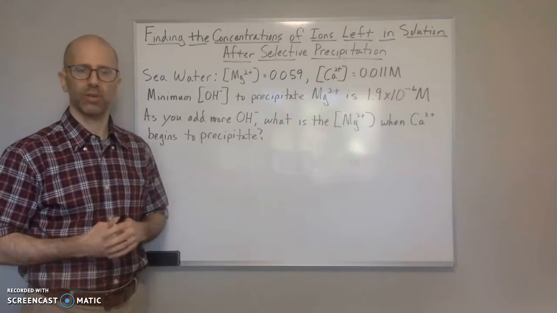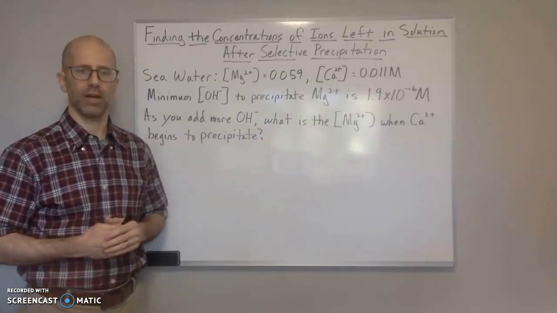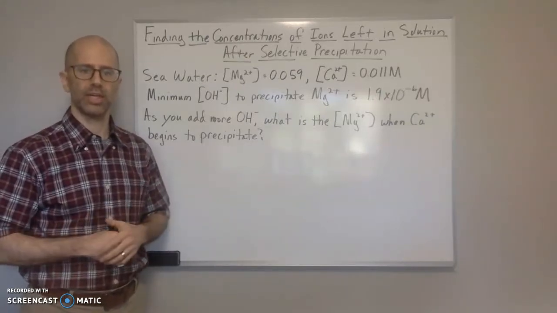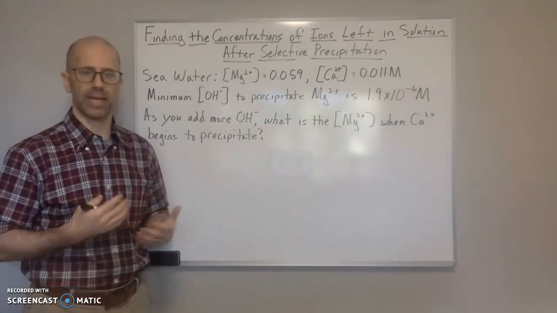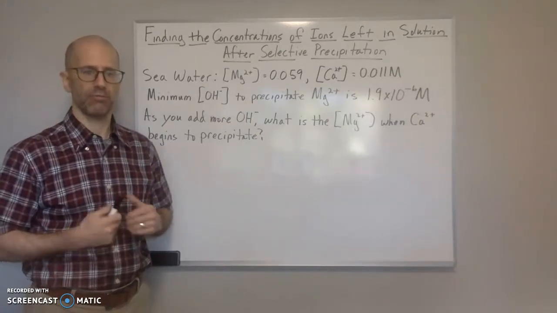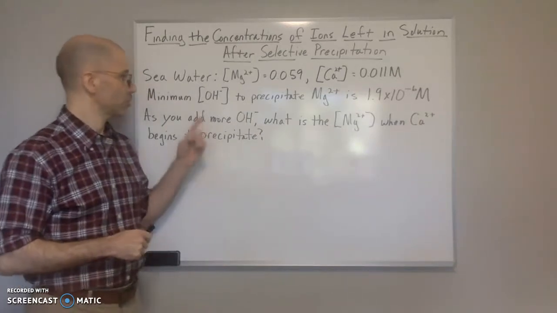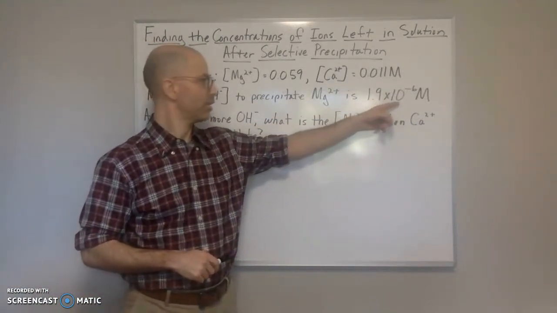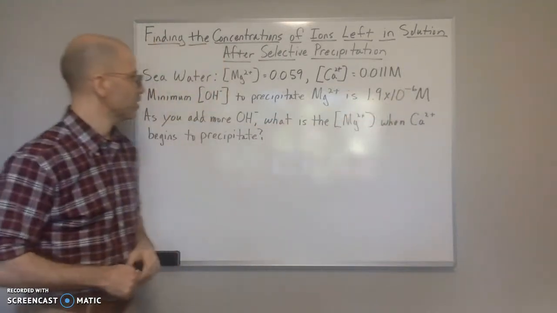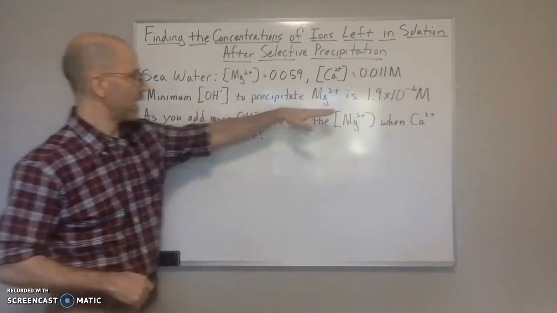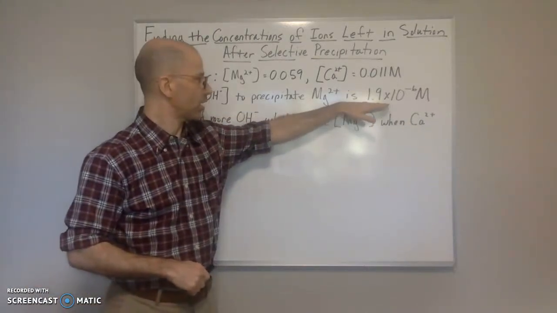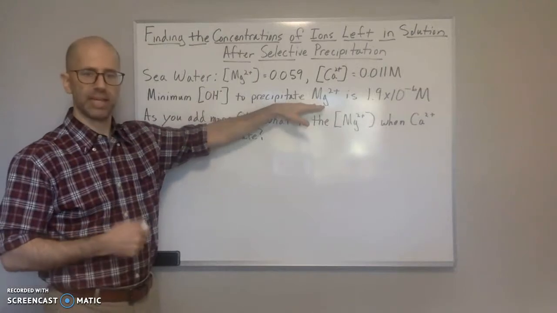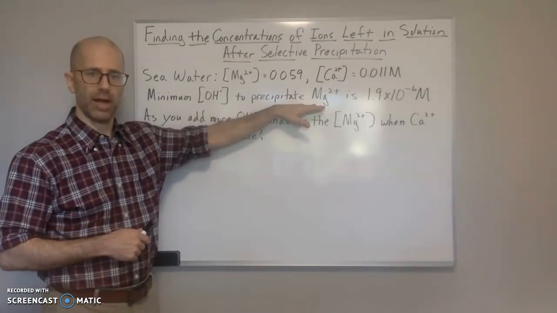And we were asked, what is the minimum amount of hydroxide ion of the KOH that you would need in order to precipitate out the magnesium? And we found that minimum amount to be 1.9 times 10 to the negative 6 molar. So that is the minimum amount of OH we would need to start to precipitate out the magnesium ion.